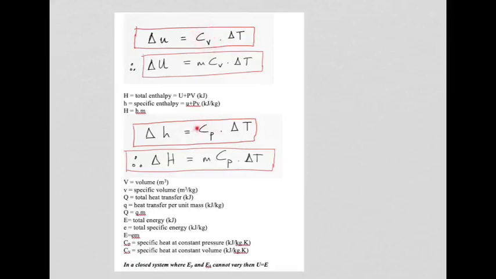And CP was the same, but for a process occurring under constant pressure. Now, let's remember when to use which one. When you wish to use CV, you equate it to change in internal energy. So change in internal energy is equal to CV times change in temperature. And when you use CP, it is now change in enthalpy, being CP delta T.